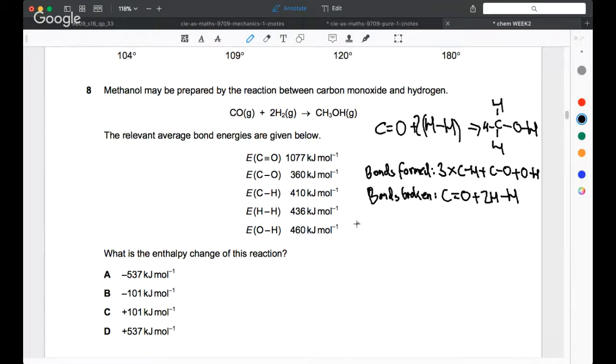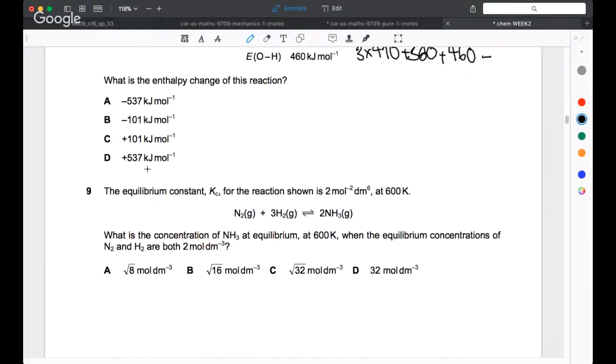What I would end up with is 3 times 110 plus 360 plus 460. So it's right to use the minus. Yeah, that would be minus, because minus means exothermic, and bond forming is exothermic, so it has to be minus. Because it will give you a different sign in the question now.